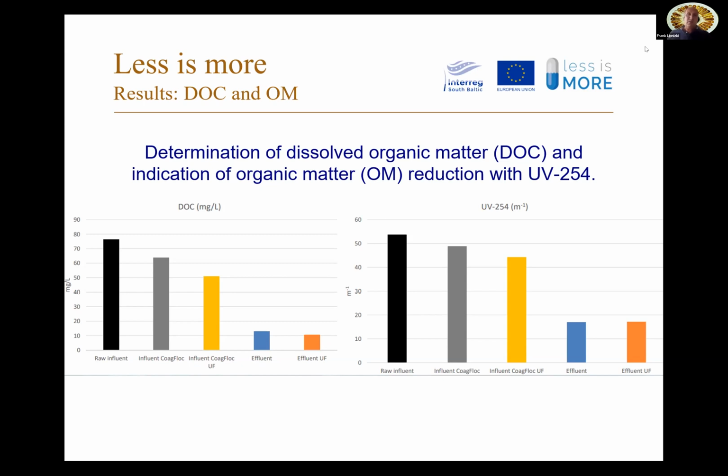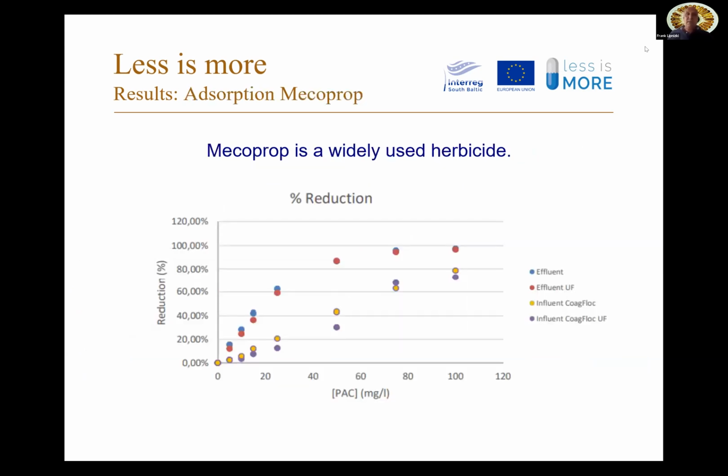Both DOC and organic matter were reduced significantly, basically on the same level or better than the standard wastewater treatment plant. We have to keep in mind the standard wastewater treatment plant is quite large, and this is a very, very nice compact solution.